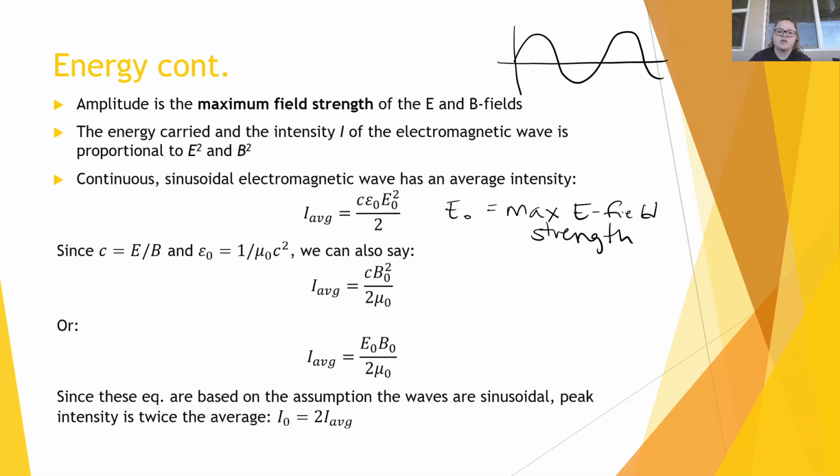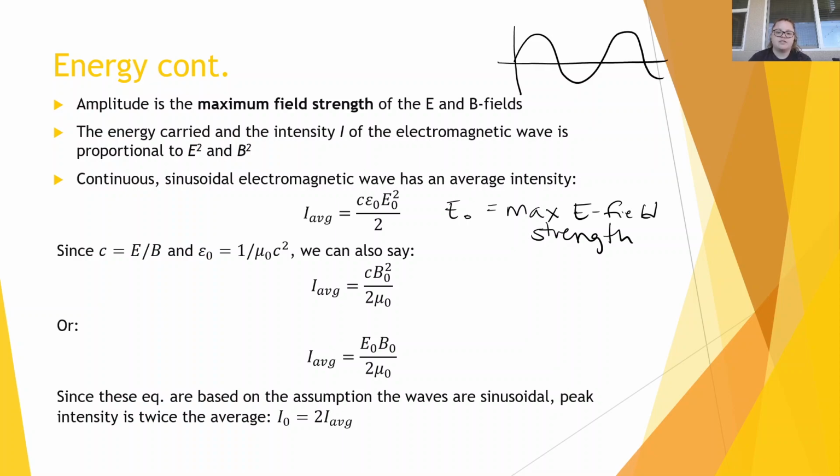Okay, and then we can also put this in terms of the magnetic field instead, if we don't have that electric field value. We can plug in c equals E over B, and epsilon naught equals 1 divided by mu naught c squared.